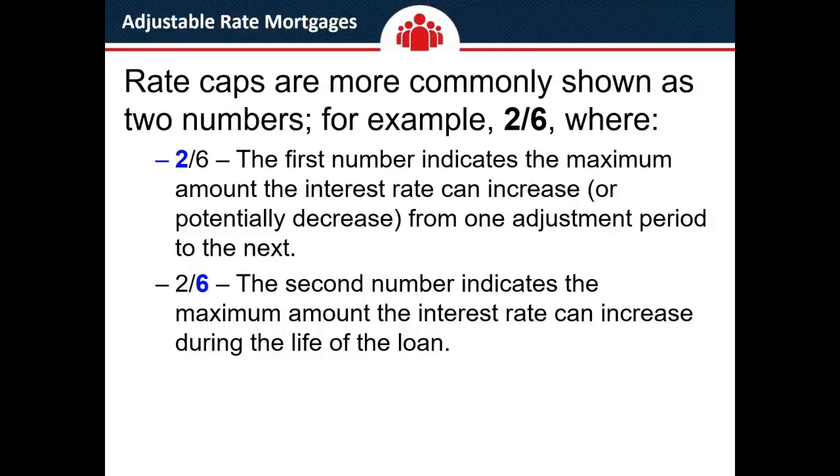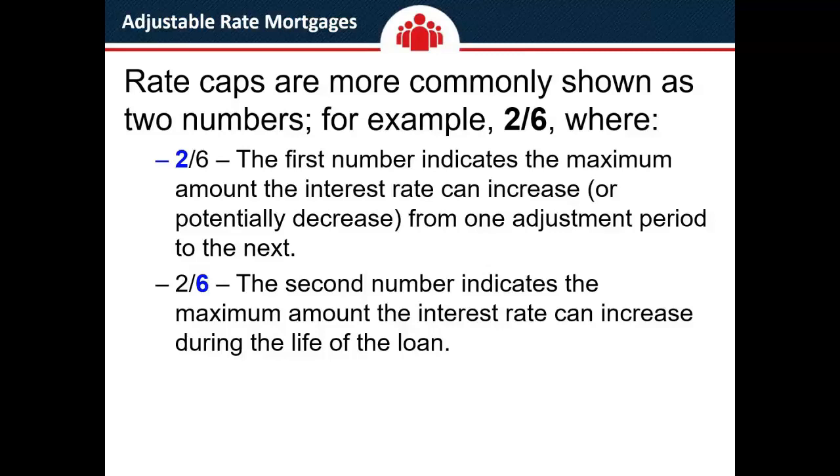So say it starts at 4%. What's the most it can go up the first time? It can go up 2. I'm sorry, if it's starting at 4, it can go up from 4 to 6, because the most it can go up the first time is 2. And then say it adjusts again the second time. It's at 6 now.